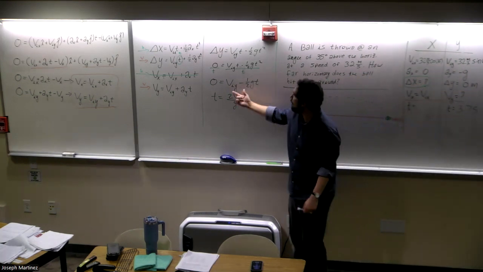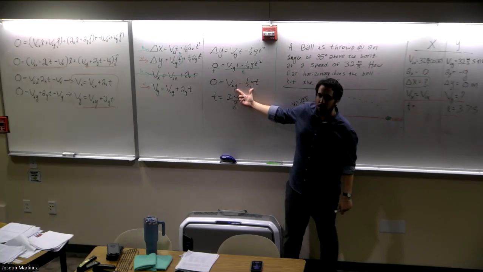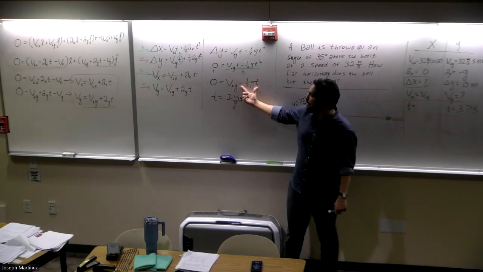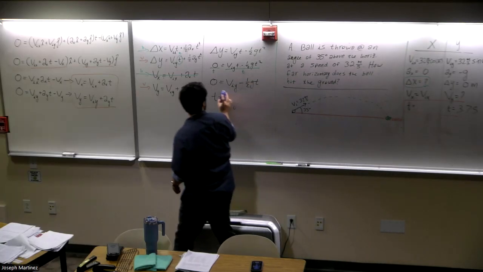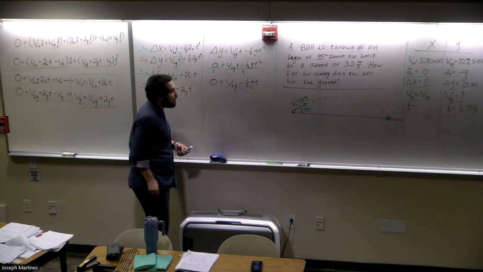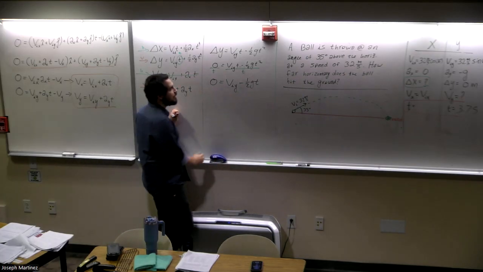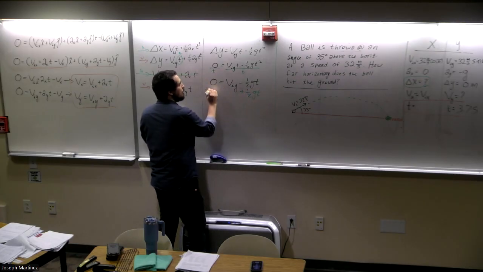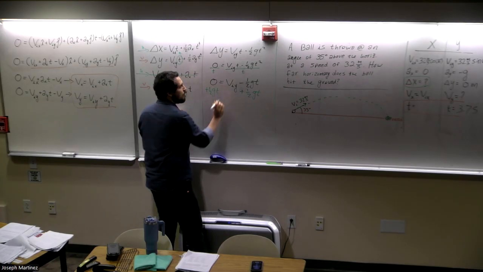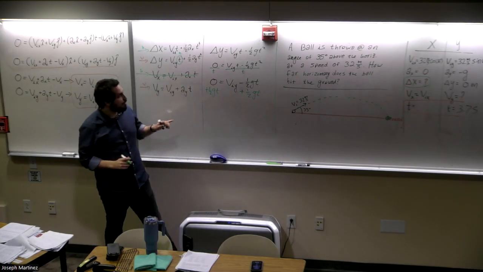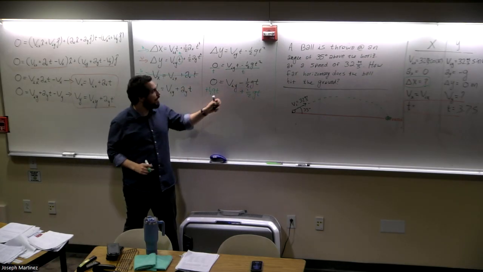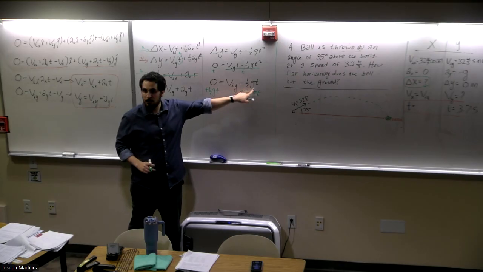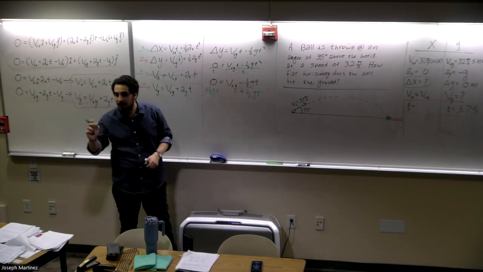So when we go from here, we take our negative 1/2 gt squared. I will do the algebra real quick. What we're going to do to solve this equation is add 1/2 gt to both sides, because that will take what's on the right-hand side over. It is negative g. The negative is outside of that 9.8.